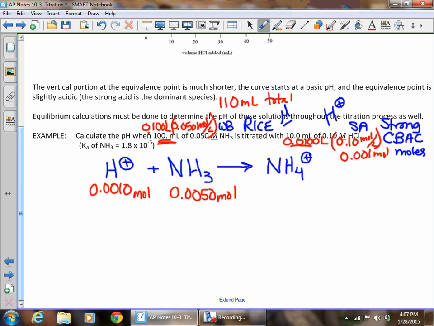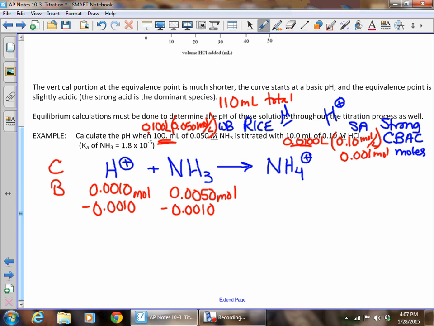So we start out with this. We've got the completion reaction, which I wrote that C a little bit low. Our completion reaction up here. This is before. Then we're going to react all of the H plus because it's the one that's present in the least amount.